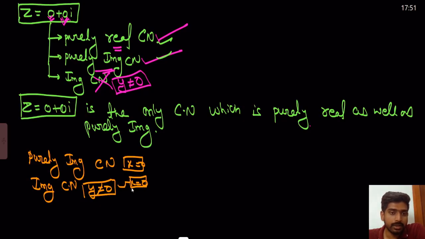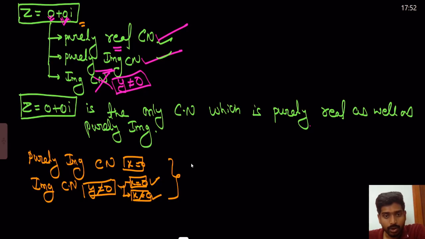The real part can be zero, and the real part can be non-zero; both are allowed. In the case of imaginary complex number, the only condition is that the imaginary part should be non-zero. So from here we can say that in purely imaginary complex numbers, the imaginary part will be non-zero, except in the case 0 plus 0 iota.